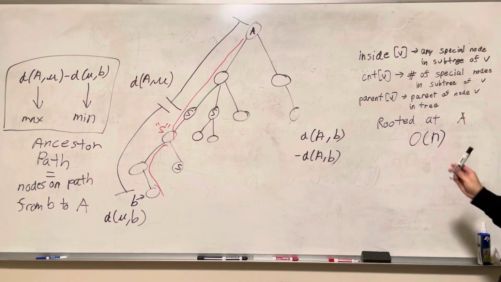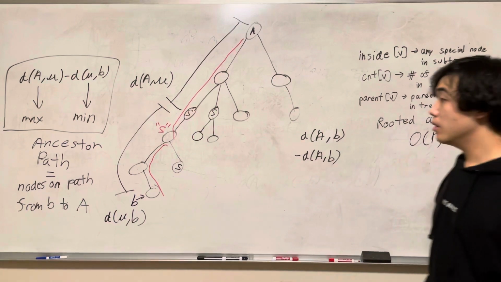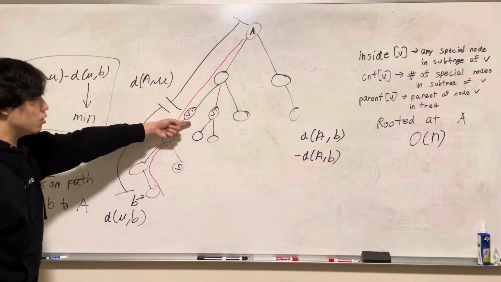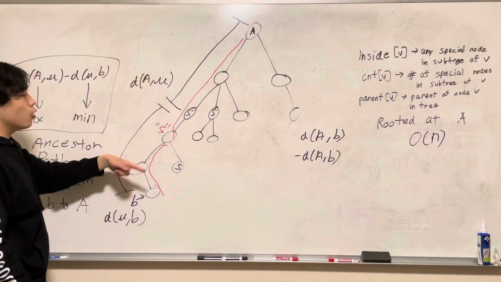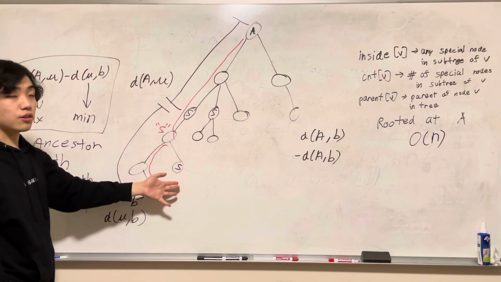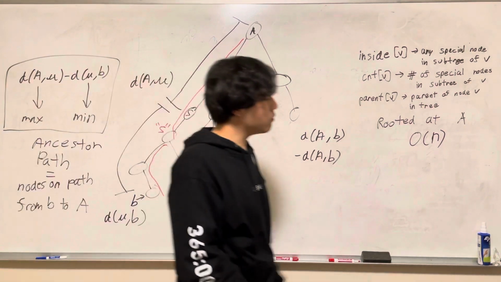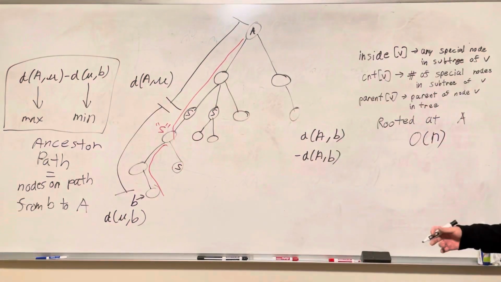But this isn't quite enough information to handle this case over here, where we could have either a special node on the ancestor path from B to A, or we can have a node that contains a special node in its subtree on the ancestor path from B to A. And so that's where the binary lifting comes in.